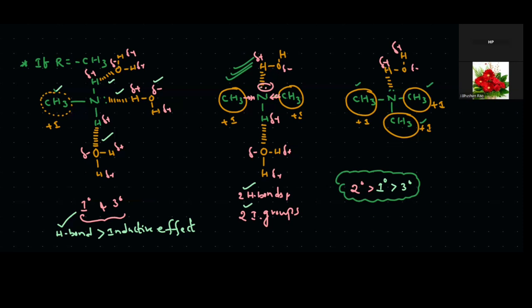Next, if R equals a group other than CH3, say R equals C2H5, what happens here?